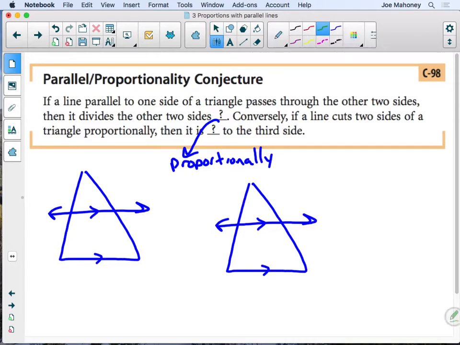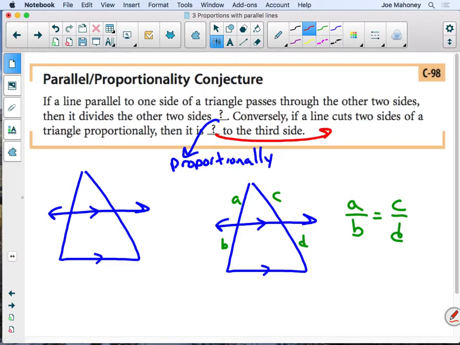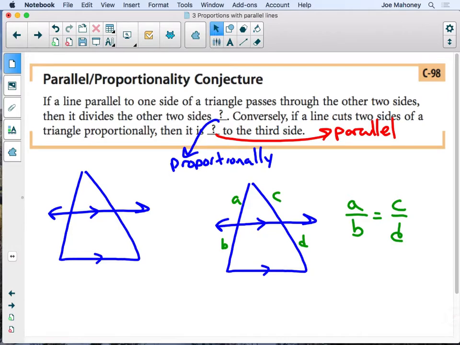What it means is that if I call that side A and that side B, and that side C and that side D, it means that the fraction A over B is equal to C over D. And conversely, if a line cuts two sides of a triangle proportionally, then that line has to be parallel to the third side.